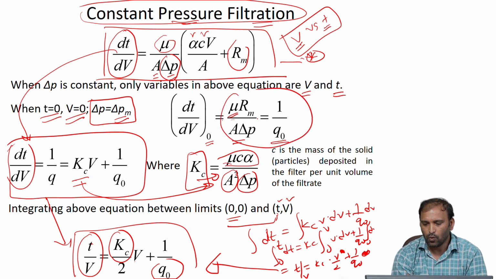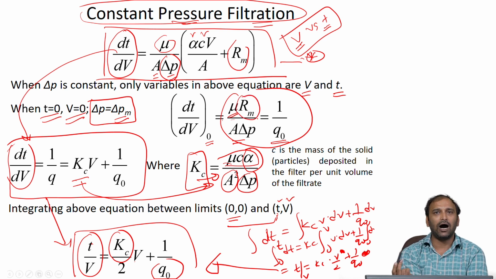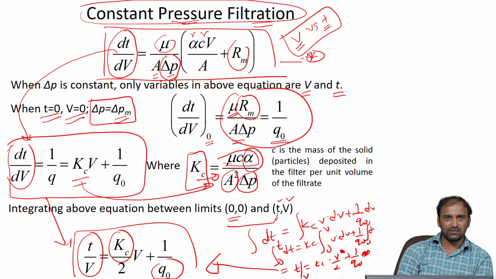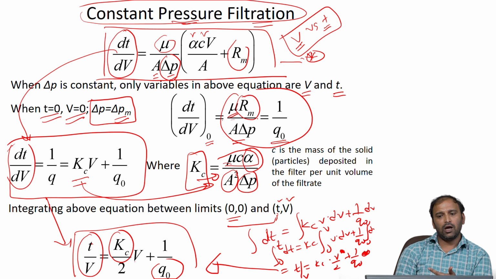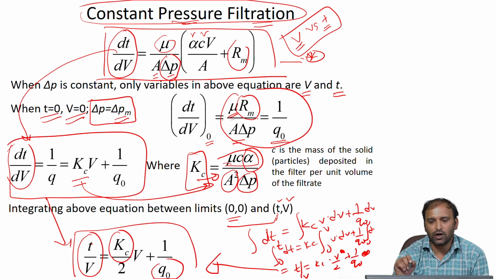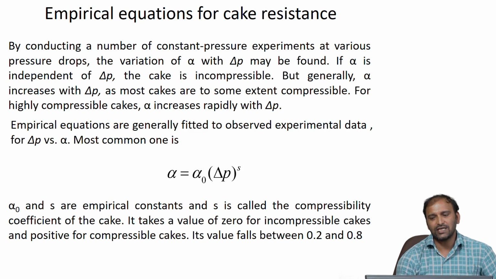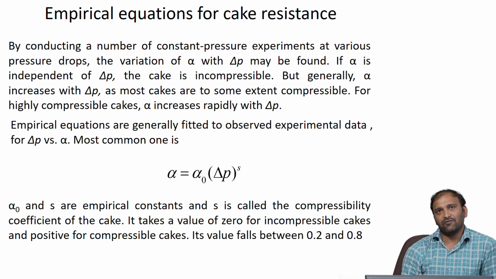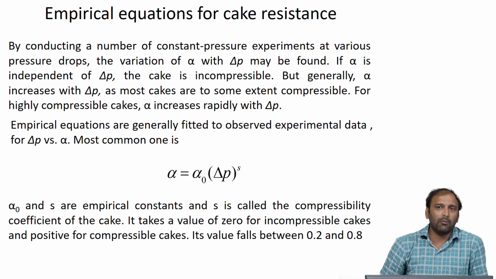Kc depends on alpha, which is the specific cake resistance, and 1 over Q naught is related to Rm, which is the filter medium resistance. Therefore, I have a framework to calculate the filter medium resistance and the specific cake resistance, and you can also exploit constant pressure filtration to say something about the type of cake that is formed during the course of filtration.